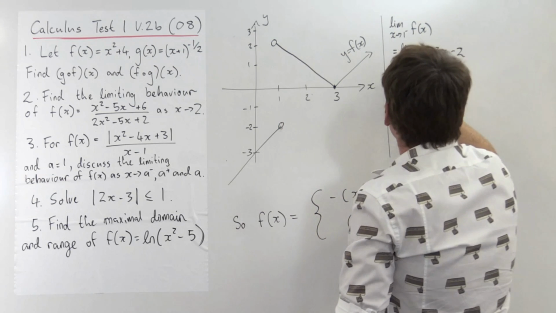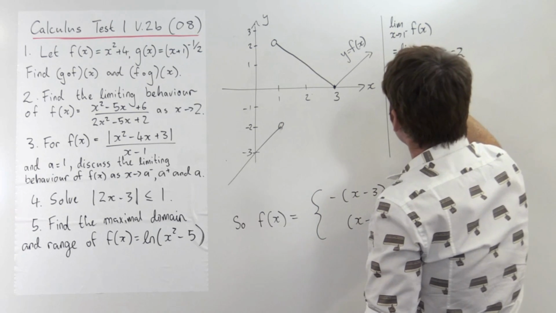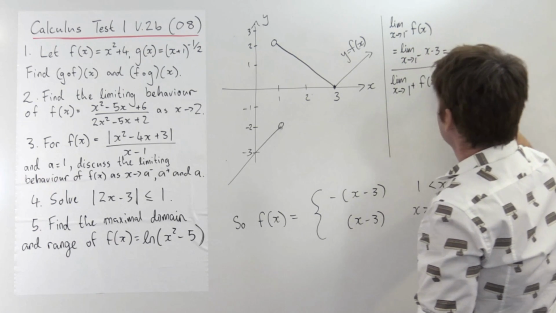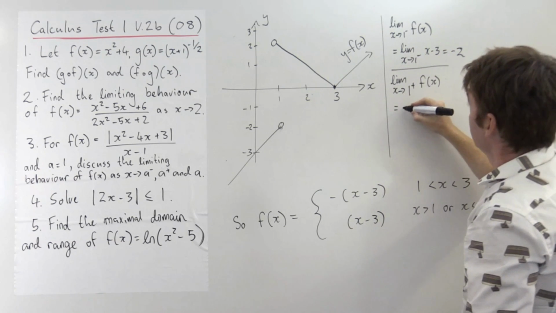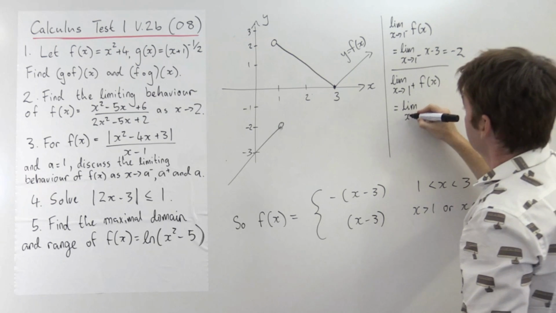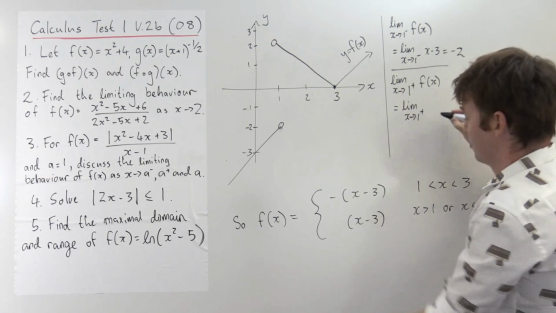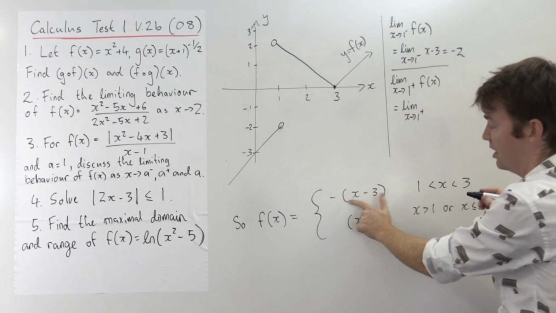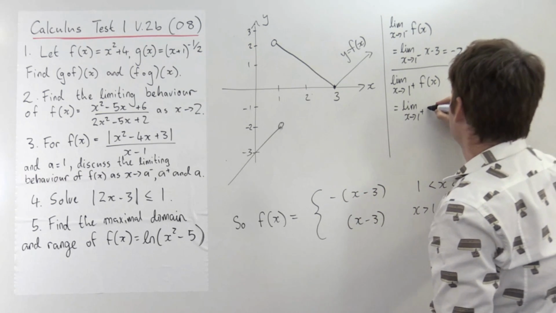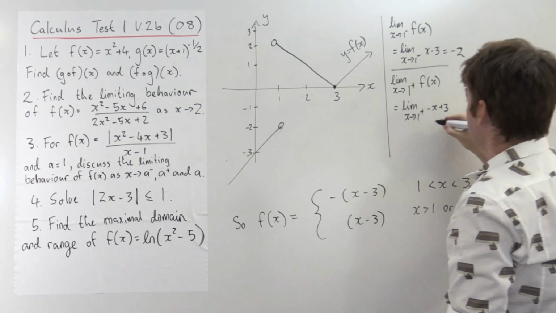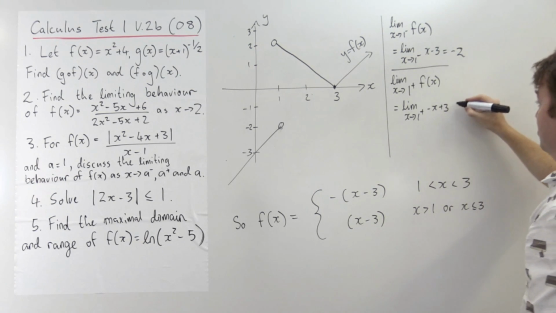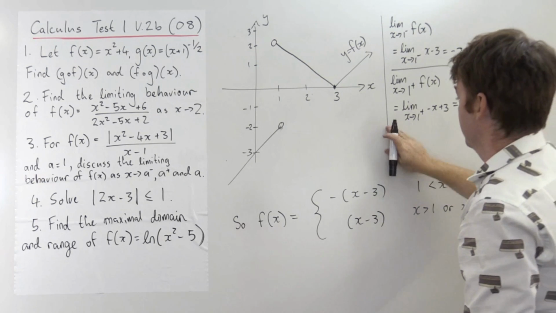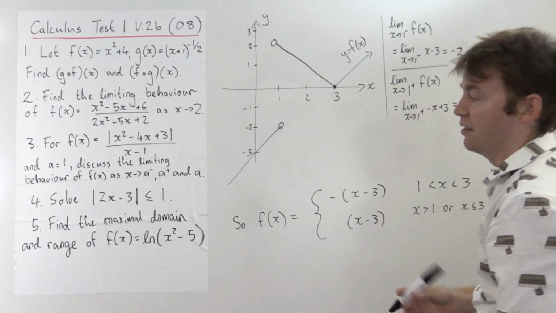I also have the limit as x approaches 1 from above of f of x. Well, I have to check what f of x is. I can see 1 from above is in this range, so it means negative x plus 3. And as x approaches 1, this is minus 1 plus 3, which is positive 2. Good. Now I can say that the limit doesn't exist.